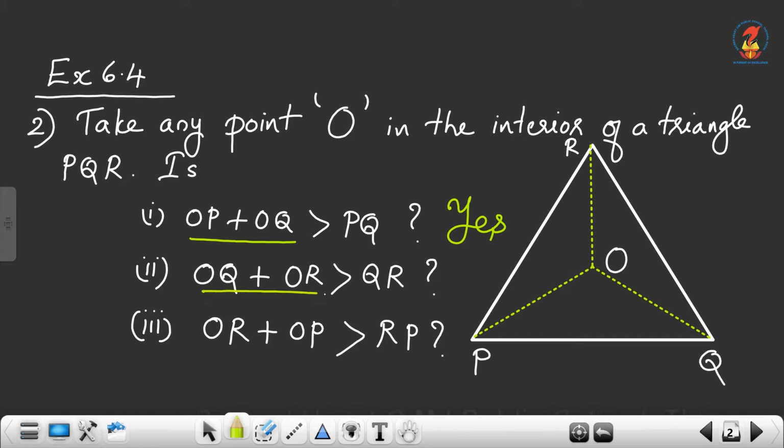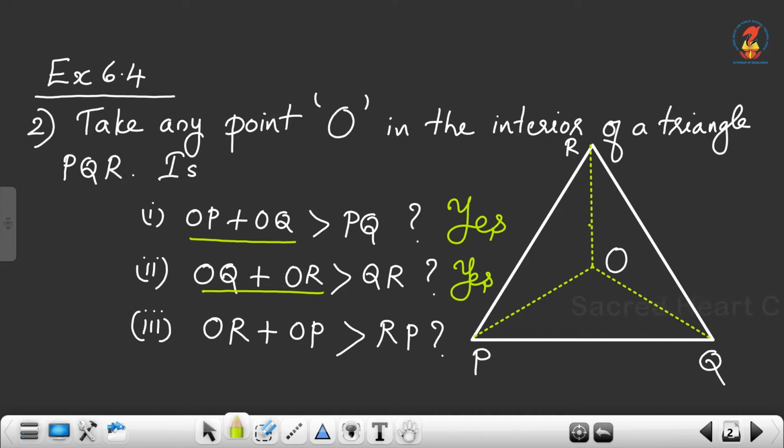Then sum of any two sides of a triangle is greater than the third side. So OQ plus OR is greater than QR. So is OQ plus OR greater than QR? Yes. So what is the reason? Sum of any two sides of a triangle is greater than the third side.